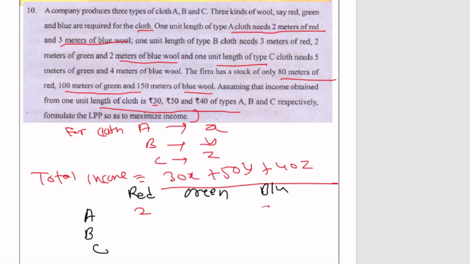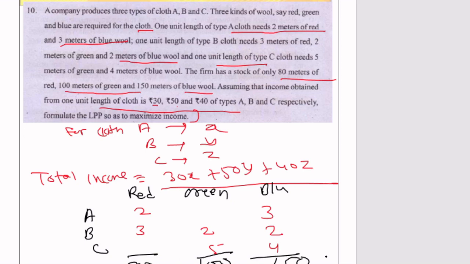For B, 3 meter of red, 2 meter of green, and 2 meter of blue. For C, they have given 5 meter of green and 4 meter of blue. And they have given the stock: red is 80, green 100, and blue 150.